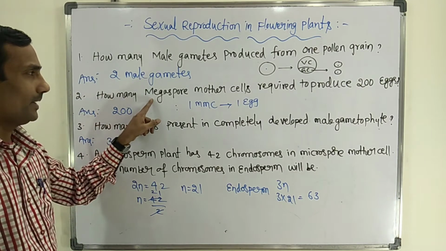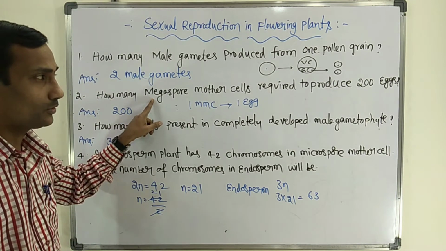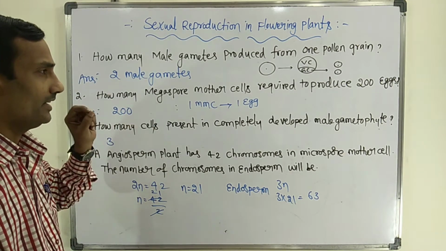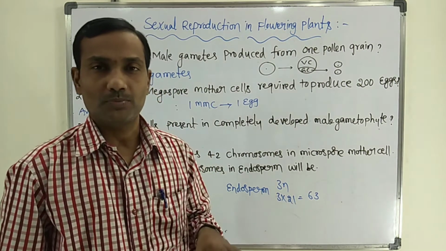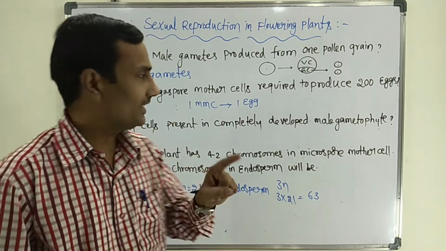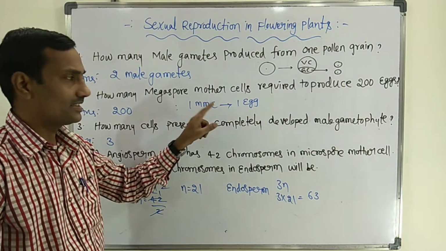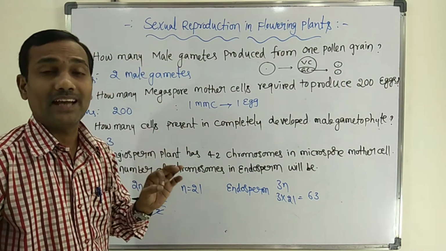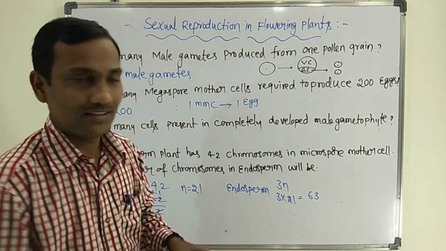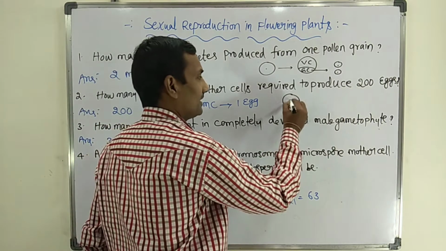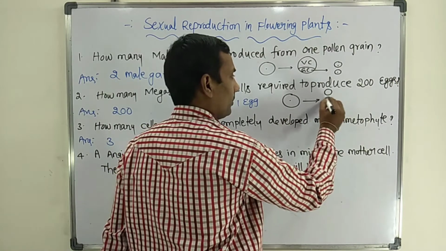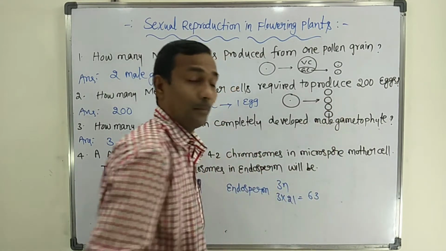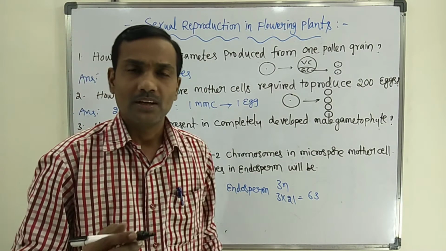How many megaspore mother cells are required to produce 200 eggs? Here in angiosperms, one single megaspore mother cell produces one egg cell, because the megaspore mother cell undergoes meiosis to produce 4 megaspores.